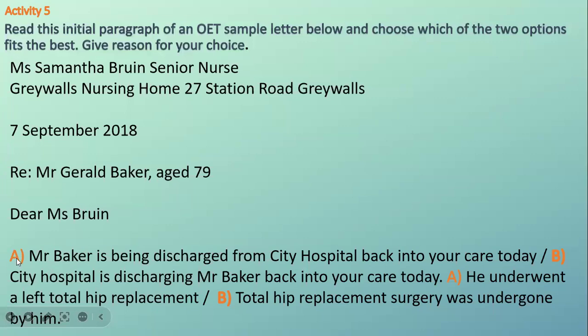What I've done is I've given you two options, right? Example, the patient is Mr. Gerald Baker. His age is 79. So when you're writing this letter to senior nurse, I want you to focus on the sentences. I've given you two options, A or B. You have to choose one.